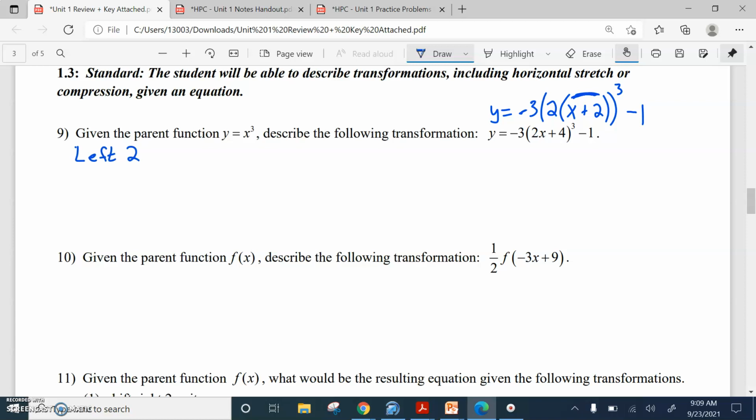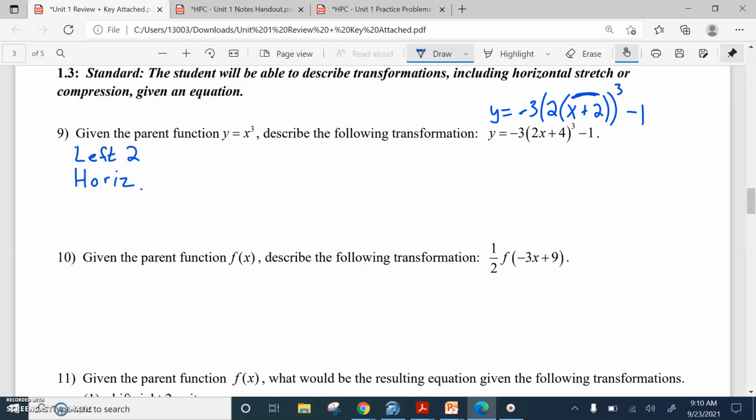Next thing on the order of operations, it says deal with all multiplications. And in that case, we actually do have 2 of them. We have the 2 out front of our x plus 2, and then we have a -3 out front of this x cubed. The 2 on the inside, the inside is always horizontal, compressing and stretching. So when we have a 2, first of all, we're inside, so we have a horizontal.